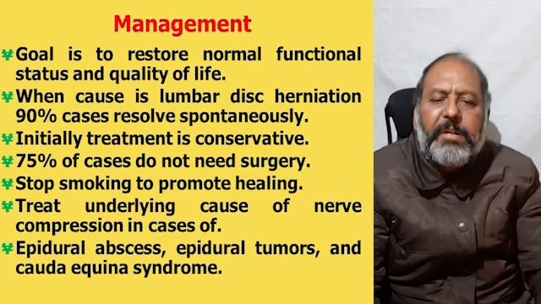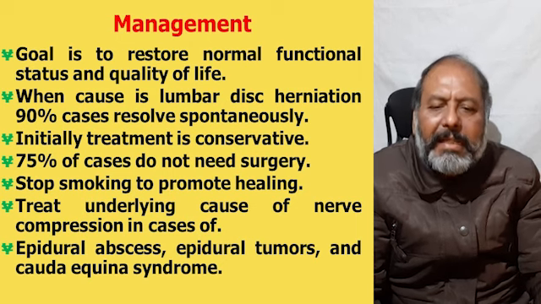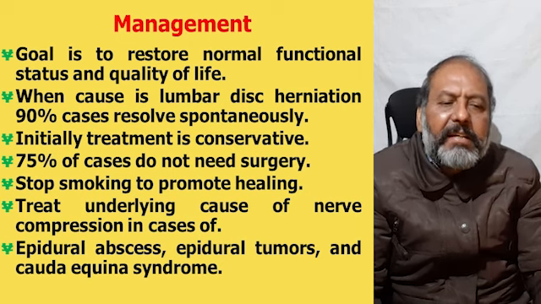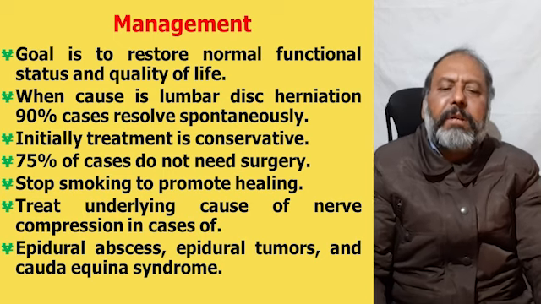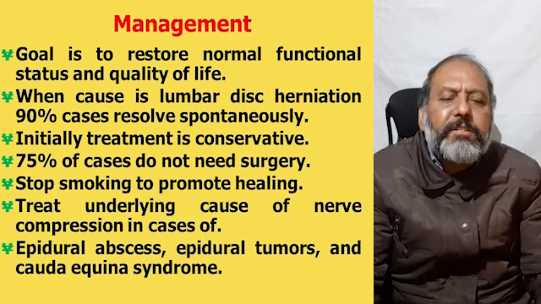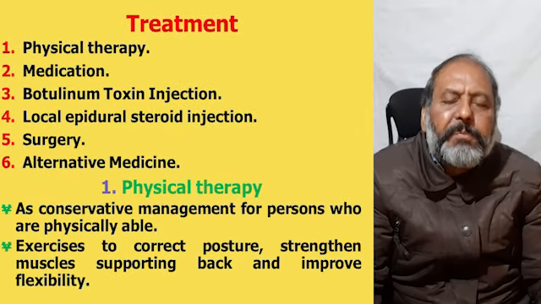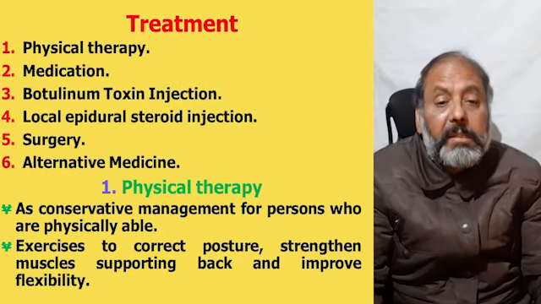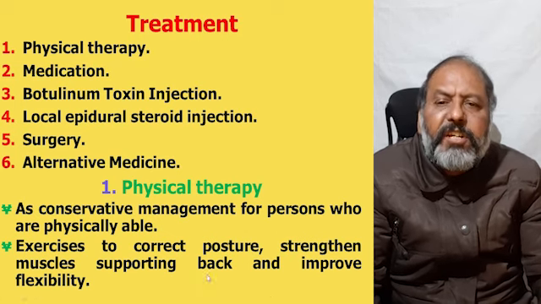So ask the patient to stop smoking to promote healing. Treat the underlying cause of the nerve compression in cases of epidural abscess, epidural tumors, and cauda equina syndrome. Now, the treatment has been classified into 6 parts.